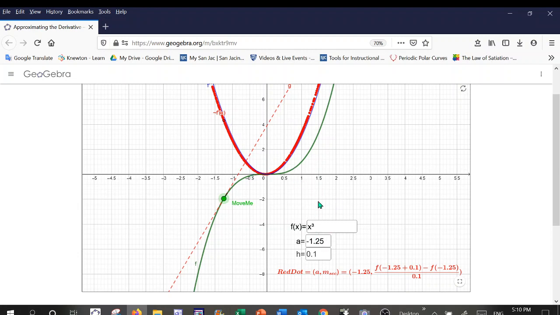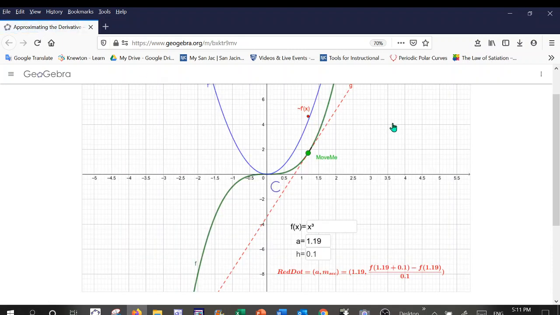So now notice that you just zoom in and out to get rid of all the red points. If I make h bigger, let's say 0.9, there you go. Let me reload this so I can clear that.